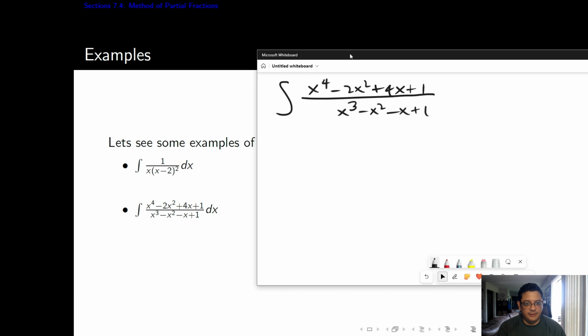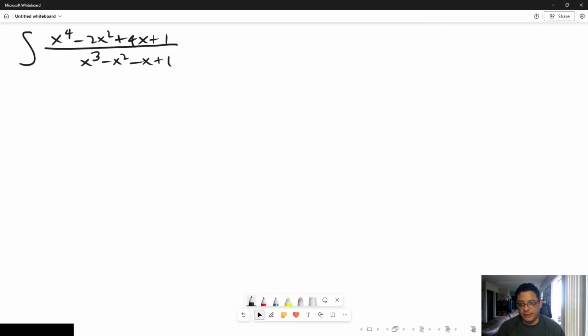Notice that in this scenario the numerator is bigger than the denominator, so we're going to have to do long division. So the first step is we do long division between these two.